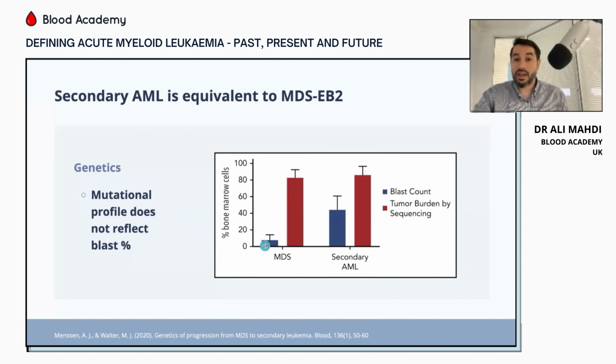And you can see that the tumor burden by sequencing, by genetic profiling, using next generation sequencing, by looking at the variant allele frequency of their mutational profile, was pretty much the same before transformation to after transformation. So this data suggests that the blast percentage is not a good indicator of tumor burden, and that we should be using other techniques, in particular next generation sequencing, to potentially predict that change in phenotype from MDS, high risk MDS, to secondary acute myeloid leukemia.